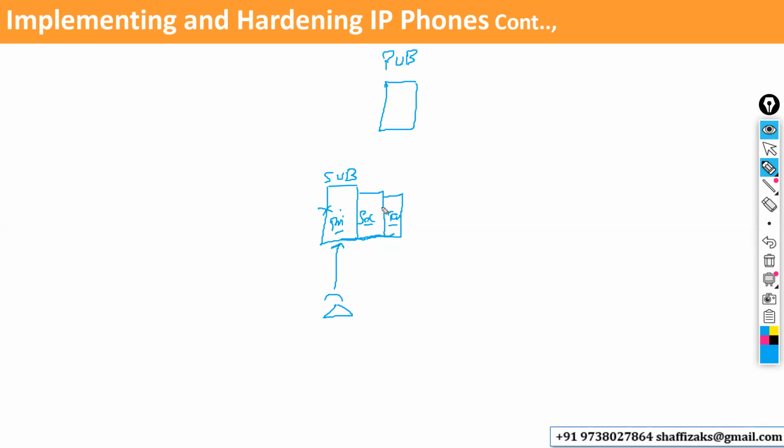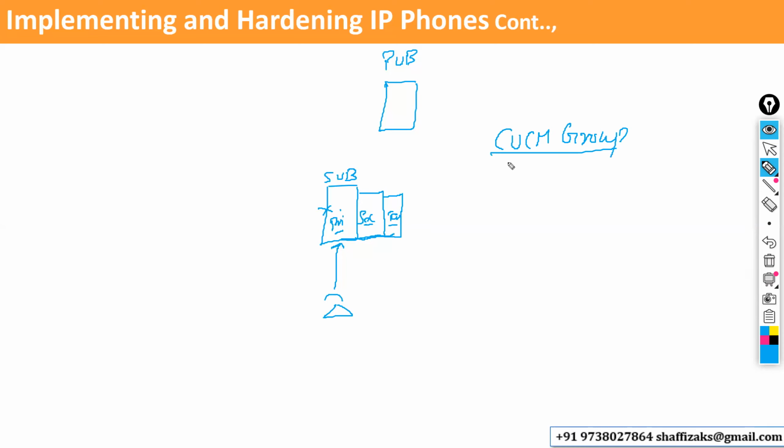Got it? Now, how can you build this redundancy, failover, or load balancing, whatever you want to call it? We have a concept of CUCM group. We have to create the CUCM group manually.